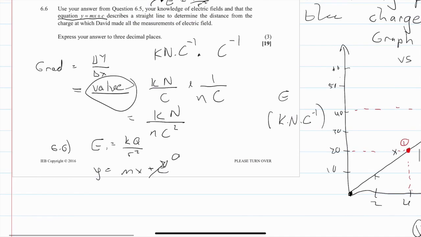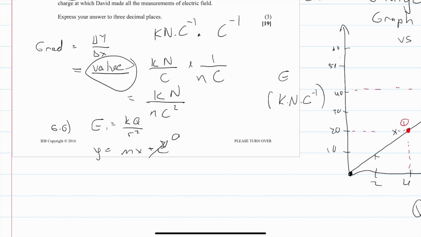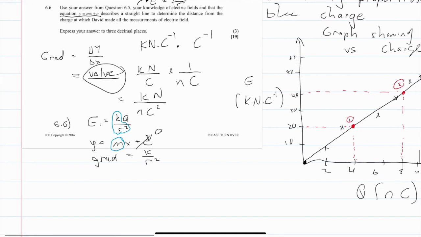So what's actually happened is we can say that my gradient was equal to k over r squared. Does that make sense? Because that is my m. Then I'm multiplying it by my x value, which is q. I hope that makes sense.